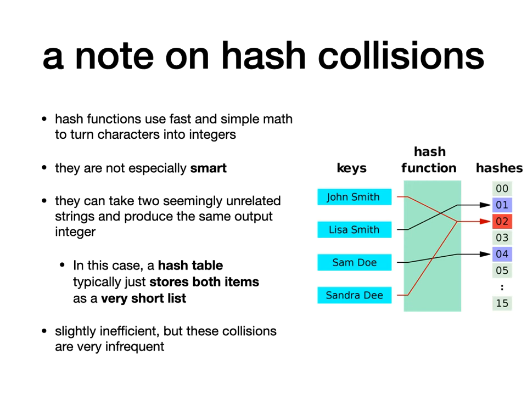But they are doing something like multiplying the character values of all of the items in the string by a certain amount, dividing, shifting, doing all this fancy stuff. And unfortunately, you can take two terms that seem completely unrelated, and just because of the way the hash function works, you will accidentally collide, right? So John Smith and Sandra D might be indexing into the same spot in memory, the same spot behind the scenes.